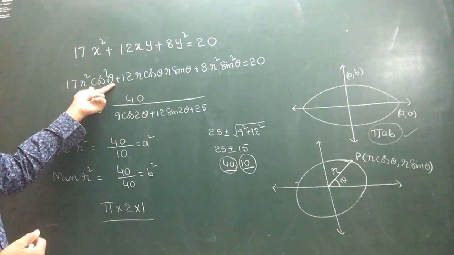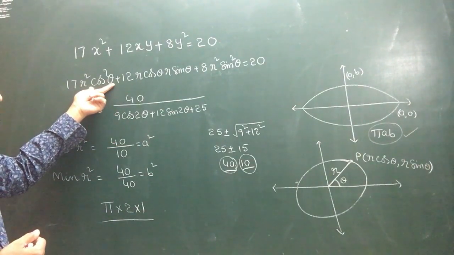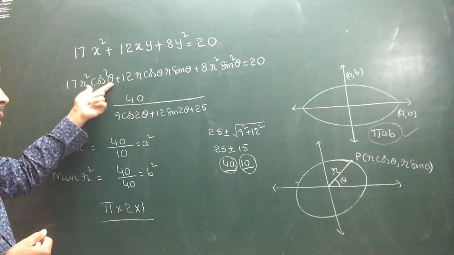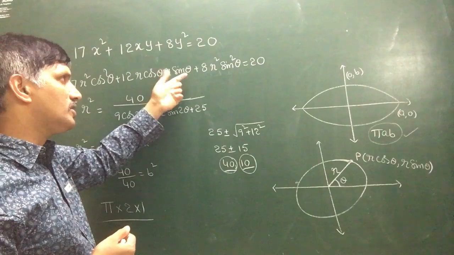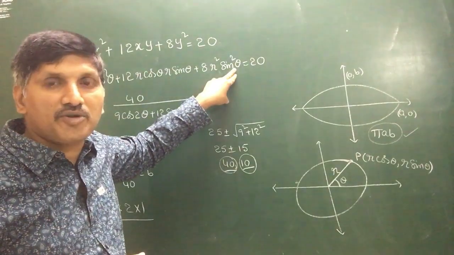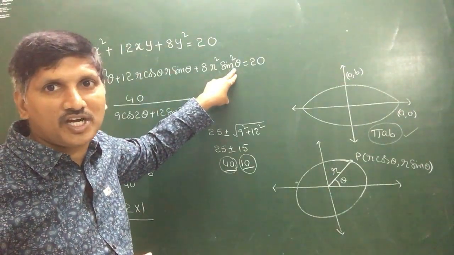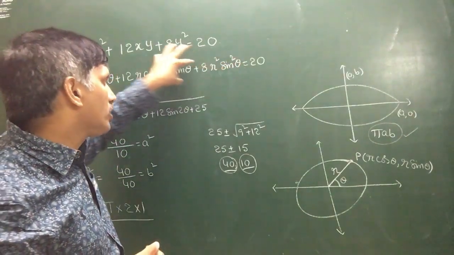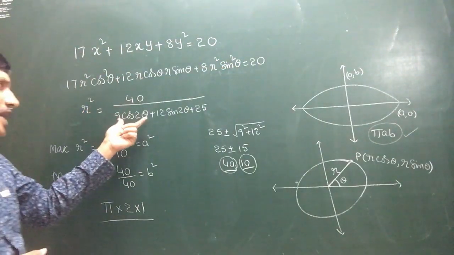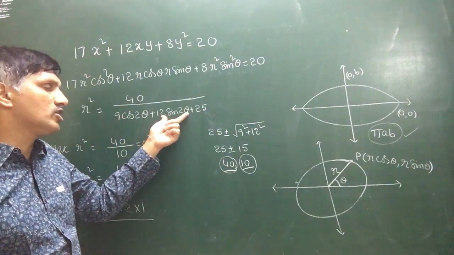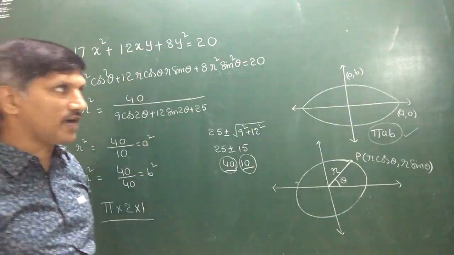Here I wrote cos square theta as 1 plus cos 2 theta divided by 2, 2 sin theta cos theta as sin 2 theta, and sin square theta as 1 minus cos 2 theta divided by 2. By all that simplification I got r square equal to 40 by 9 cos 2 theta plus 12 sin 2 theta plus 25.